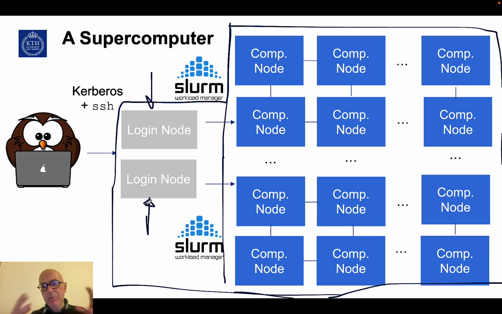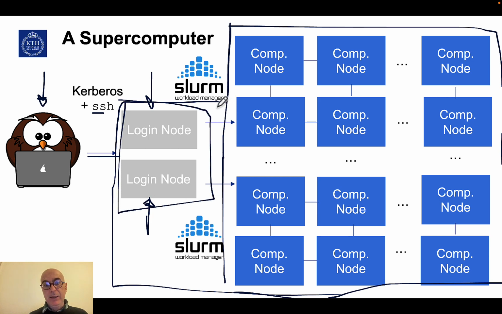These are big nodes that allow us to connect. As a user, we are here. We are going to use Kerberos to authenticate, and then we are going to connect using the Linux command SSH, and we will connect to these login nodes.